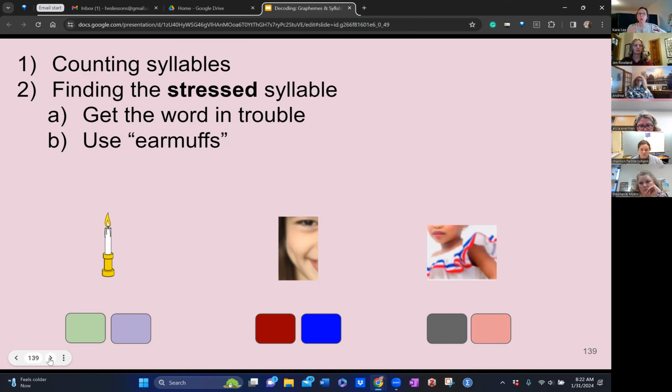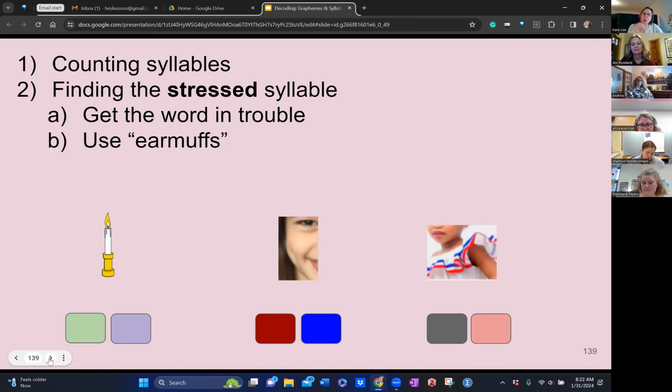So get the word in trouble means I'm going to say the word as if I was mad at it, or it just did something that it shouldn't have done. Like I have a dog named Sadie, and Sadie sometimes is naughty, and I have to say, Sadie. So when Sadie's in trouble, that's how I say her name. I'm not like, oh, Sadie, my baby. Nope, I say, Sadie.